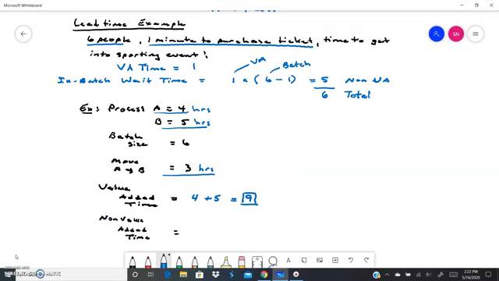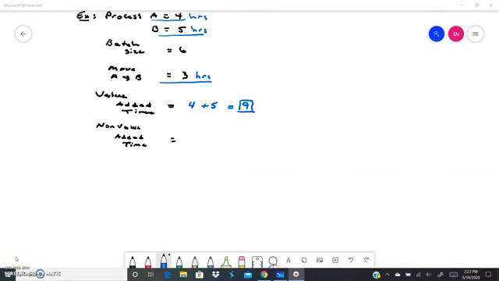So what's the non-value added time? Well, first of all, the non-value added wait time consists of 2 items. Number 1 would be the in-batch wait time, and the second would be the move time.